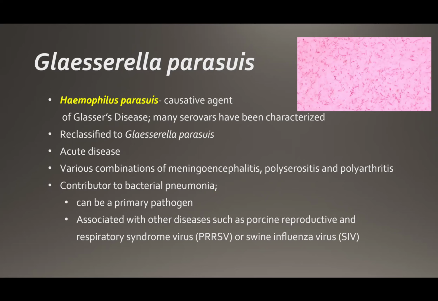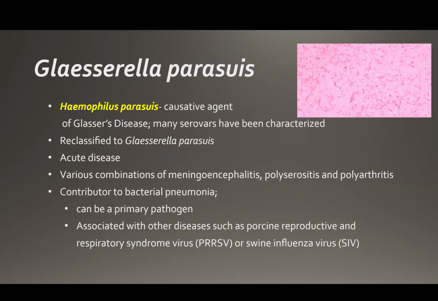I'll type this in. So I think you need to be aware of this disease because it is fairly common. When we say PRDC, it is a combination of viral and bacterial diseases, and it can be a primary pathogen, but it can also be a secondary pathogen.